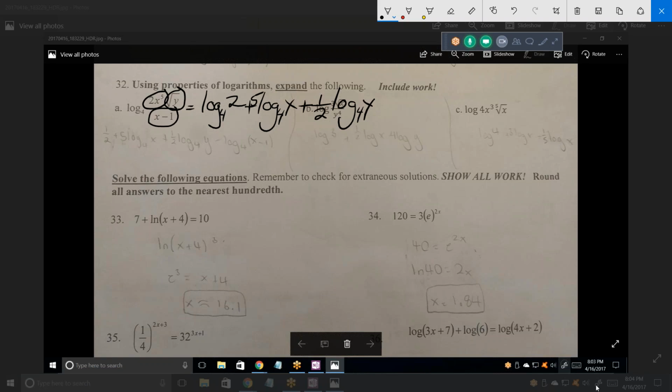And then finally, to handle that x minus 1 that's being divided, we need to subtract the log base 4 of x minus 1. Now, the only one of these expressions that we can do more with is this one. And you're right. 4 to what number equals 2? That's 1/2. So I'm going to write it exactly the way she's written it in her key.